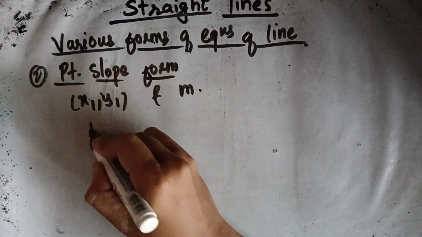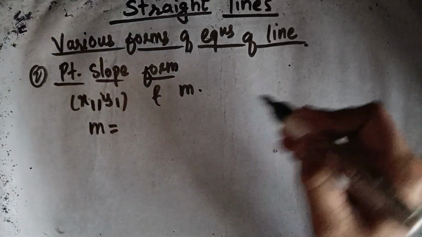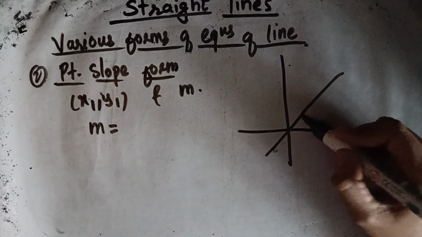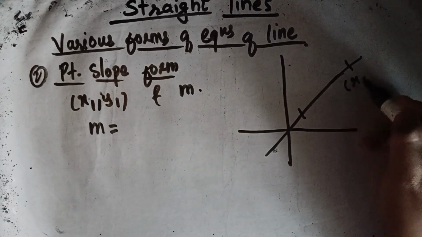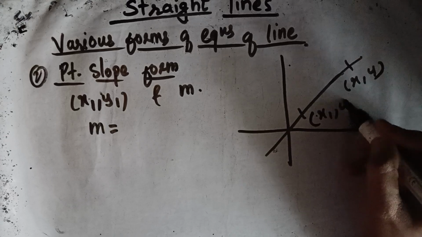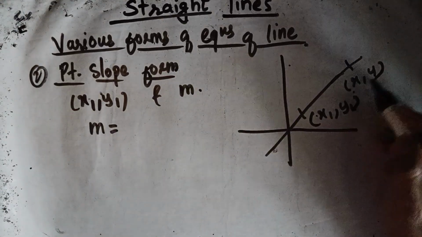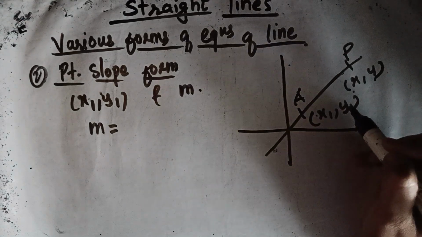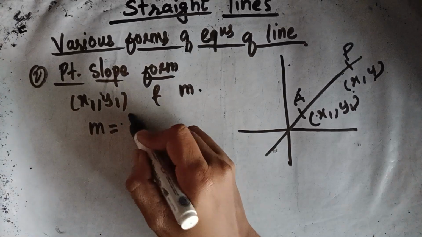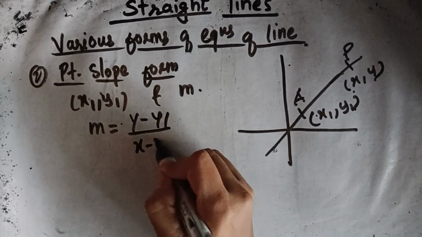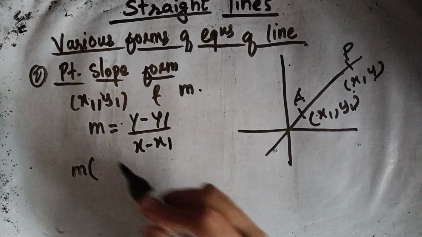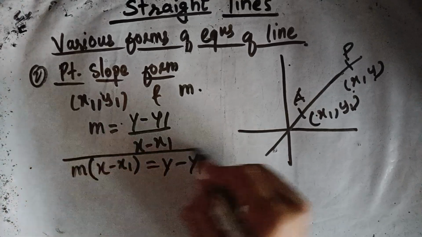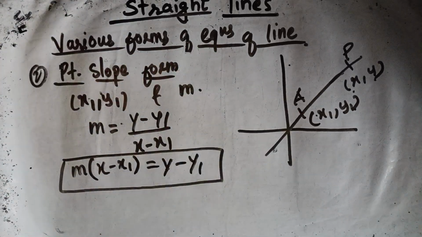Say this is our line. Two points are there. One I'm taking as x comma y, one I'm taking as x1, y1. So x and y we don't know, this is an unknown point and this is given. So we can write slope as y minus y1 upon x minus x1. So this becomes m into x minus x1 equal to y minus y1. So this is another equation, that is point slope form.